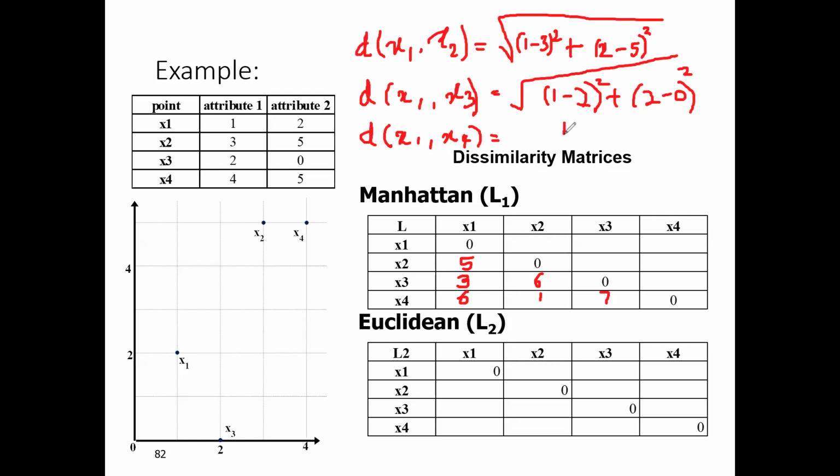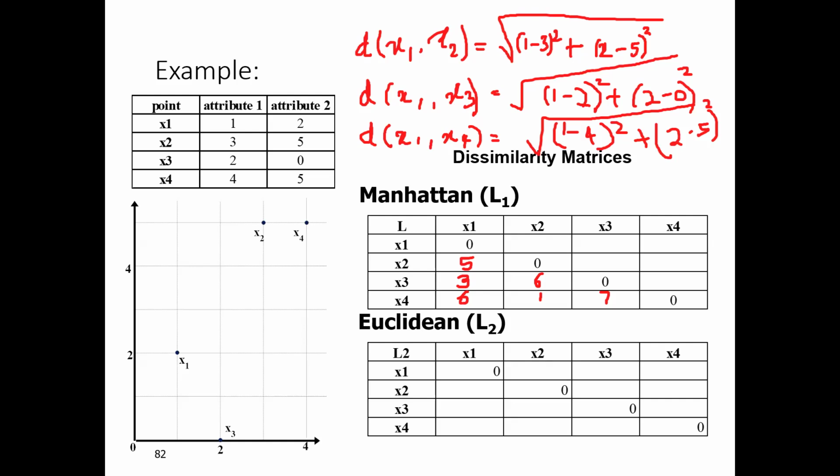Then 1 minus 4 squared, 2 minus 5 squared, you get the squared values, then you take the square root of it.